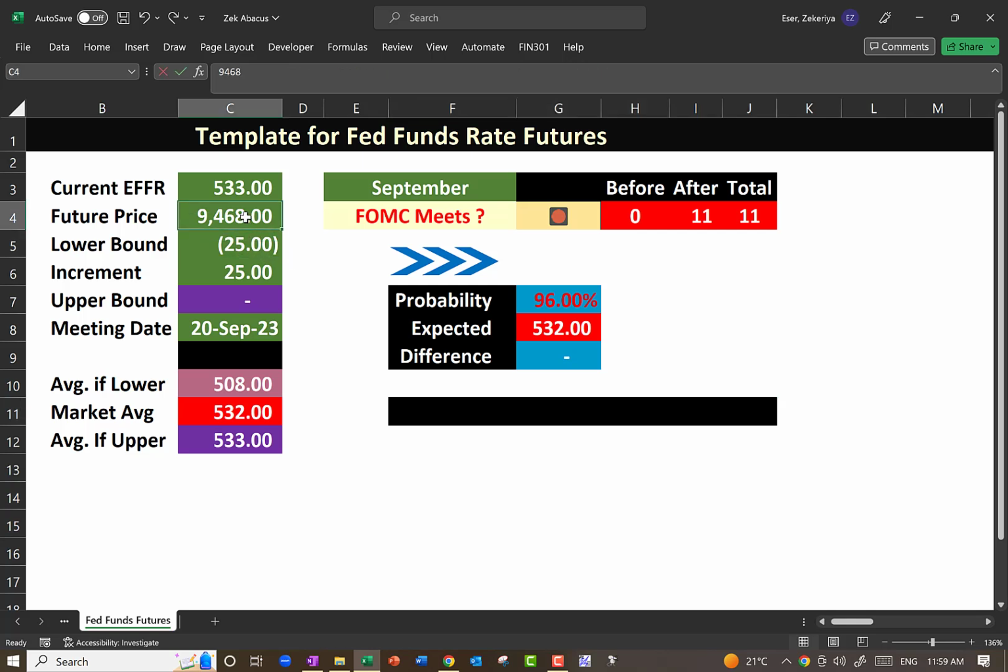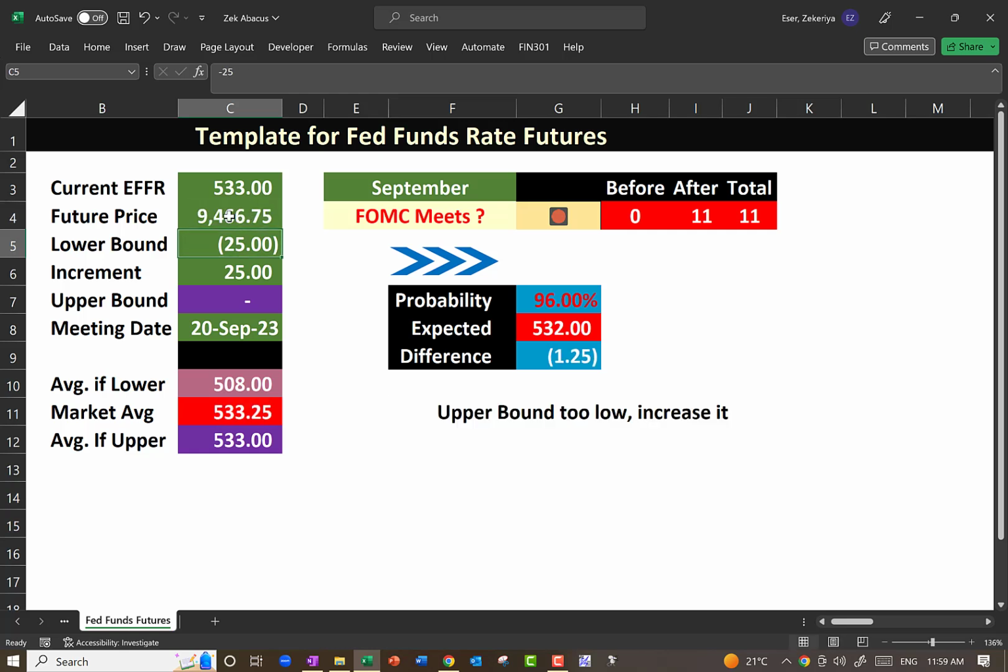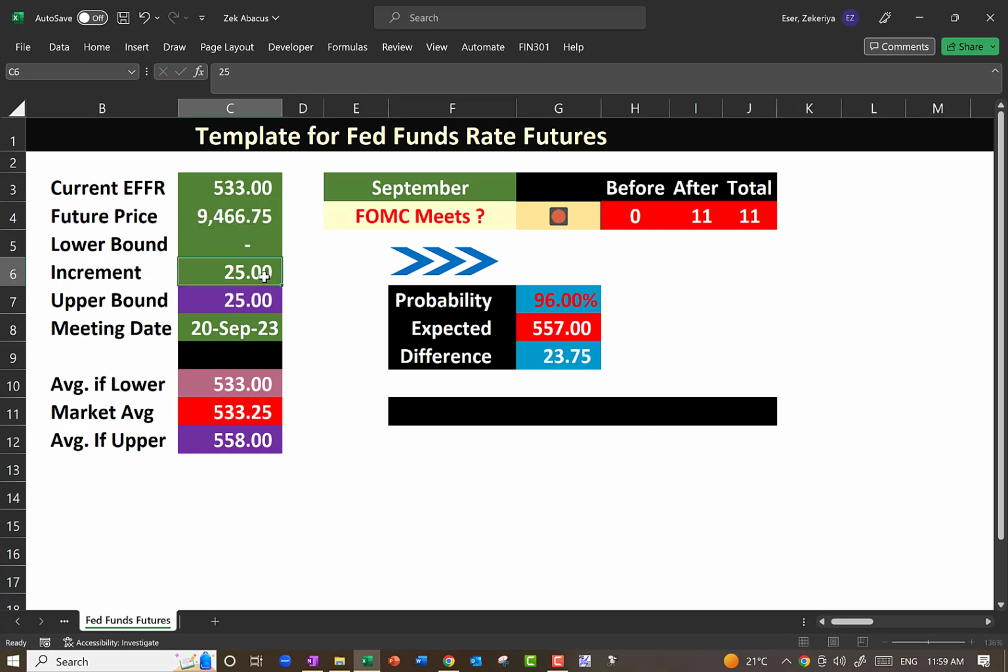94.66, 75, 0. That's the meeting date. Currently, I have it set up as FOMC meets. Yes, okay. So I have 20 days before the meeting, 10 days after the meeting, and those are going to be needed to make the calculations.